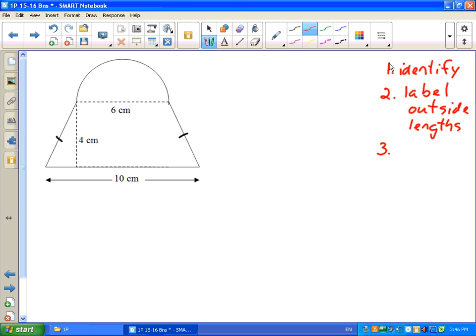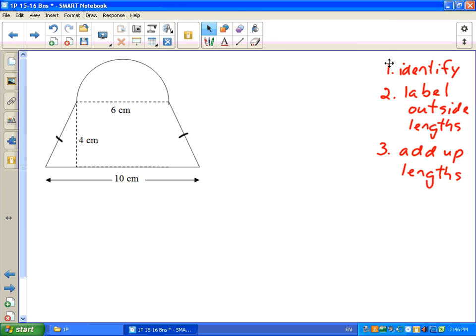And then we are going to add up the lengths going around the outside. So the shapes that we have here, once again, as we had last time, we have a half circle, and we have a trapezoid.